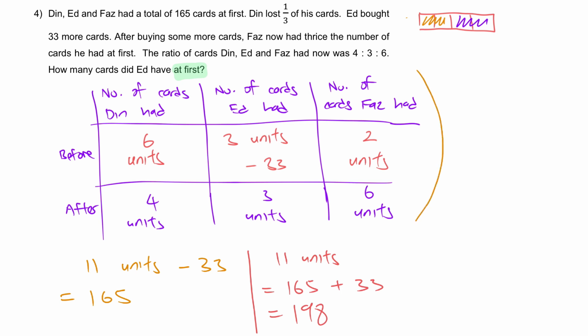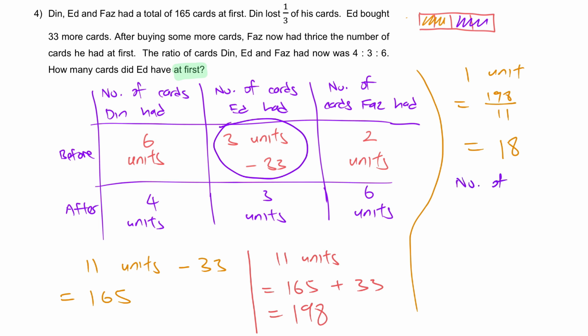What is 1 unit? Let me partition it. What is 1 unit here? Will be 198 divided by 11. That will give you 18. Finally, how many cards did Ed have at first? This is the one we are trying to find.